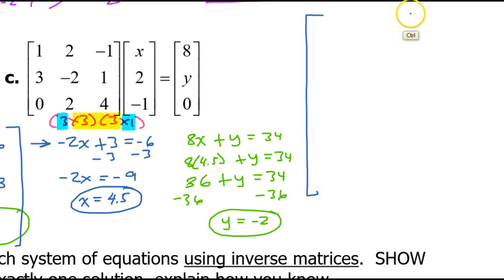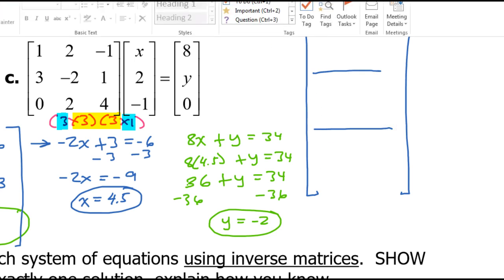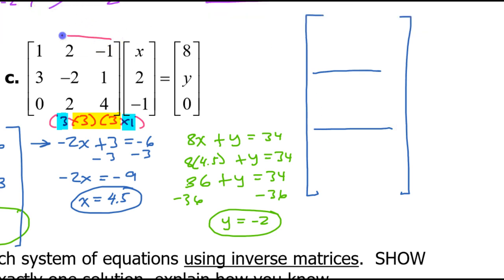So here comes my 3 by 1 matrix. I've got 3 rows, 1 column. The rows come from the first matrix. So row 1 goes in row 1, so that's why I'm going to have 1, 2, negative 1.